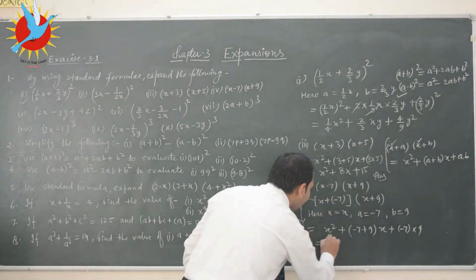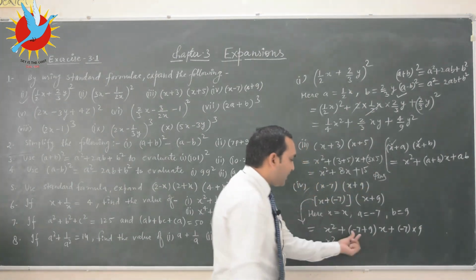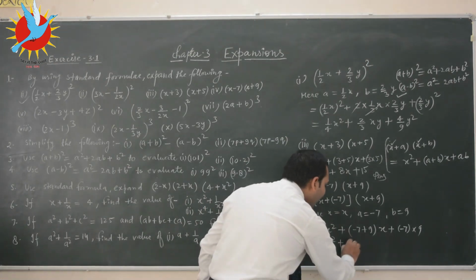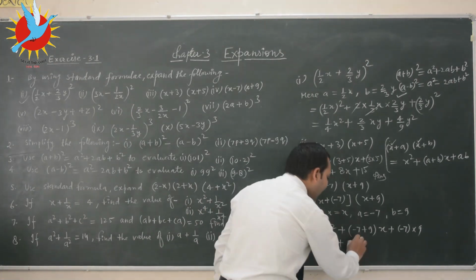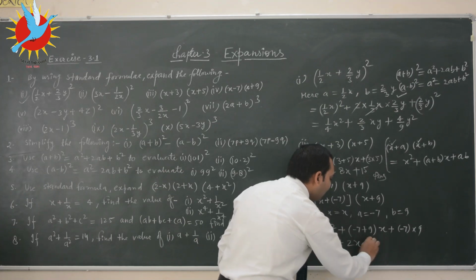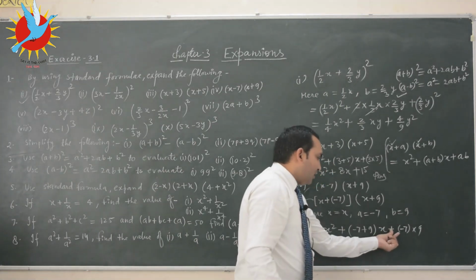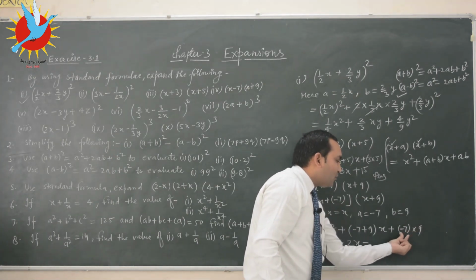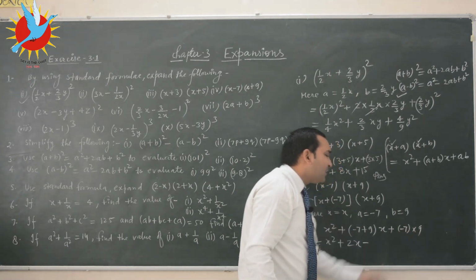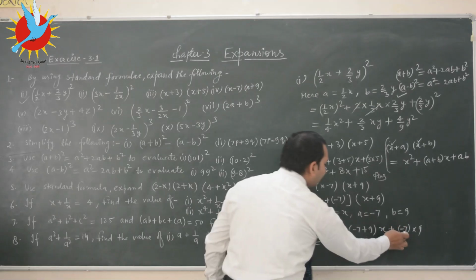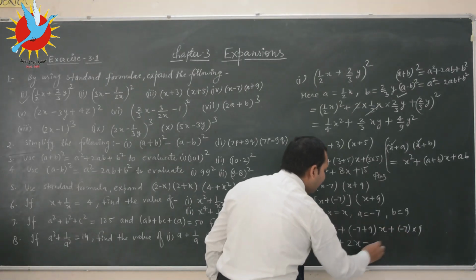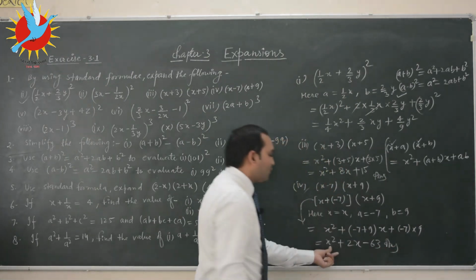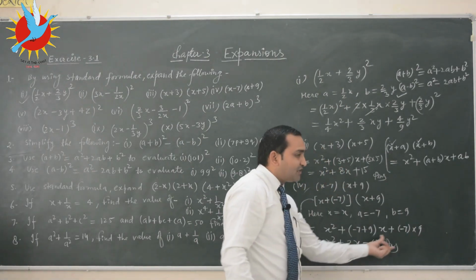So we can write x square plus minus 7 plus 9, 9 minus 7 which is equal to 2, and x is here, plus minus 7 into 9, so 9 sevens are 63, and plus into minus is minus 63. So this is the answer, x square plus 2x minus 63.